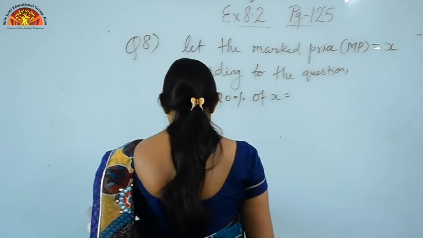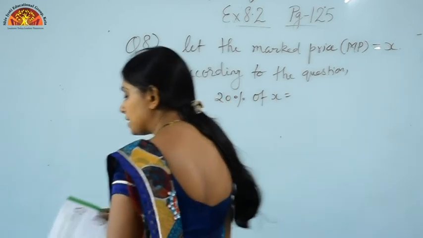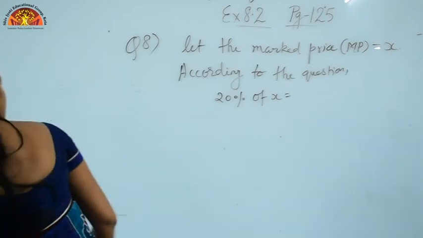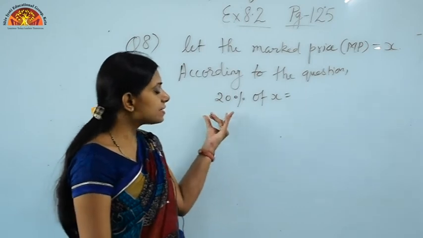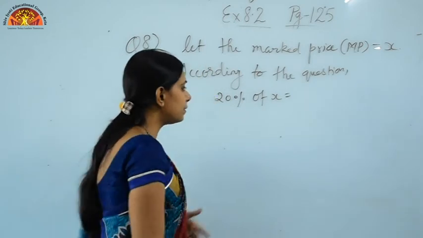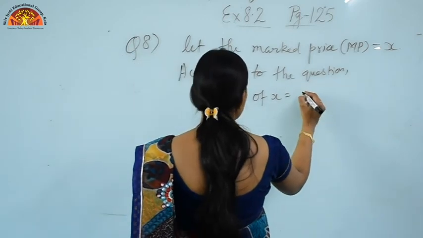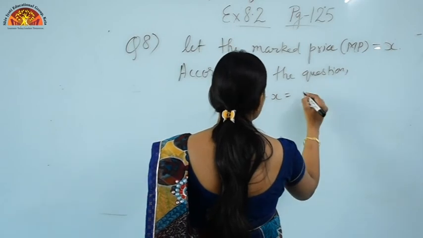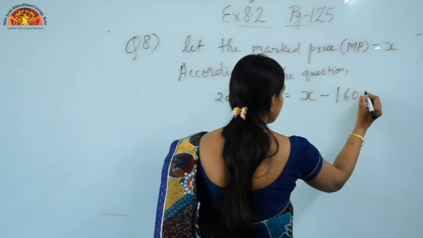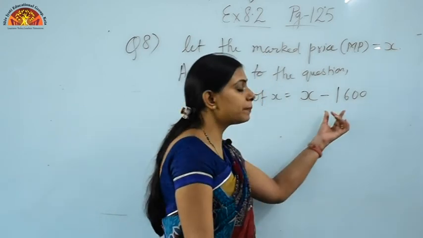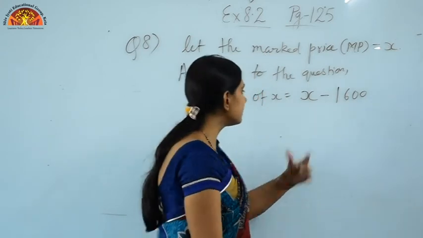Discount is equal to the marked price minus sale price. I have just told you the formula. Discount का formula क्या होता है, that is the marked price minus sale price. तो marked price क्या थी हमारे पास, that is x, और sale price हमारे पास कितनी है 1600, the amount which he has paid after getting the discount.